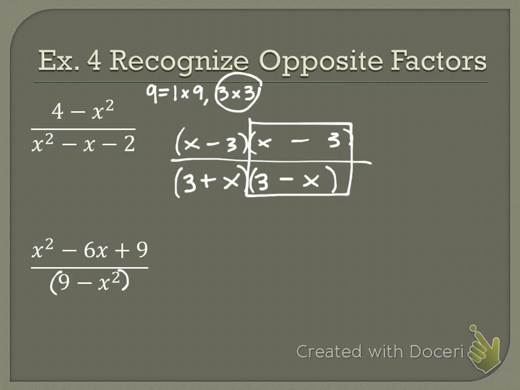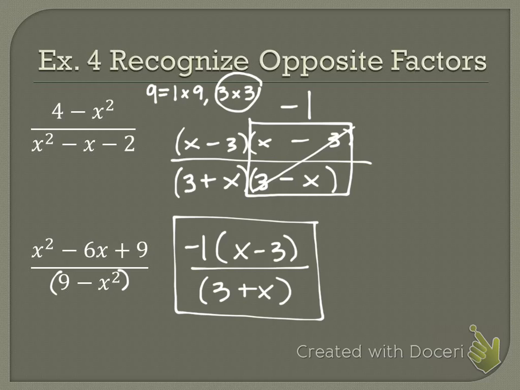Cancel them out, and what do you leave behind? A negative 1. Now remember, you can leave behind that negative 1 on the top or the bottom. It does not matter. Where do I put that negative 1 when I write my final answer? In front. So I write negative 1 times x minus 3 over 3 plus x.